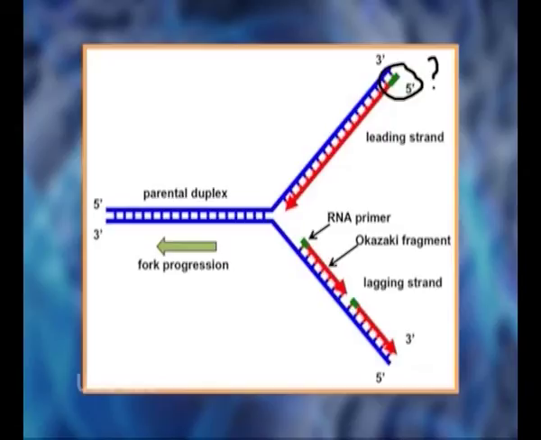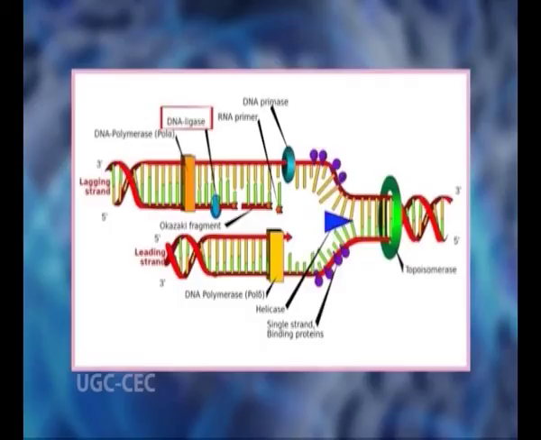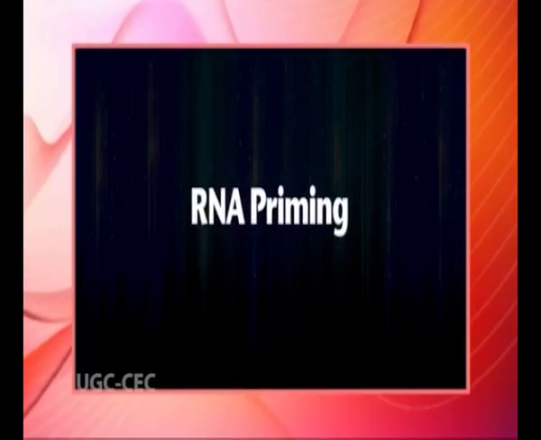These short DNA fragments, called Okazaki fragments, are subsequently joined together by DNA ligase to generate an uninterrupted strand of DNA. Because the leading strand is synthesized continuously and the lagging strand is synthesized discontinuously, the overall process is described as semi-discontinuous.